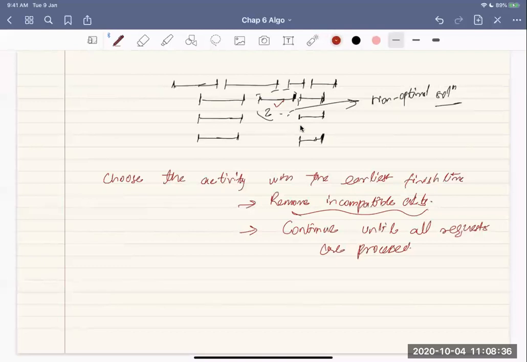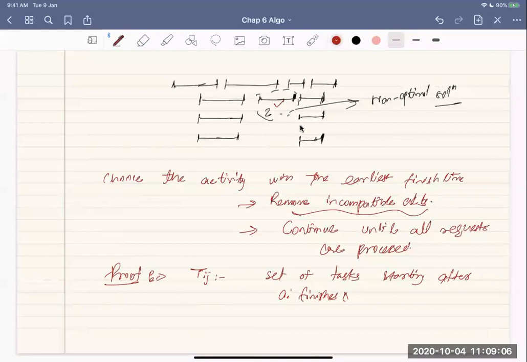Sure. But now you have to furnish a proof. So let's do the proof. So fine, we go back to our definitions, so we had this Tij, that set of tasks starting after Ai finishes and finishing before Aj starts.